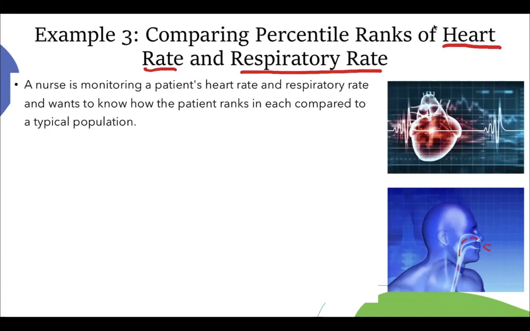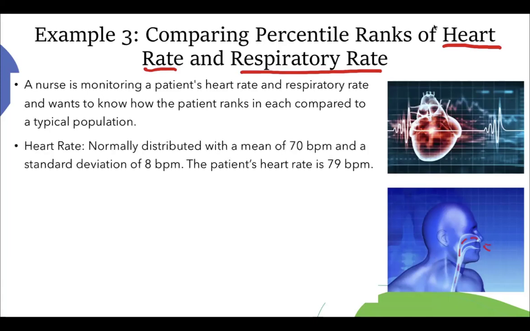We have a nurse monitoring a patient's heart rate and respiratory rate. For the heart rate, we have a normal distribution with a mean of 70 and a standard deviation of 8. And we're told that the patient's heart rate is 79.